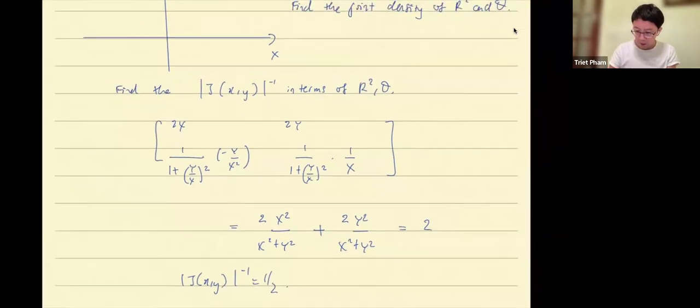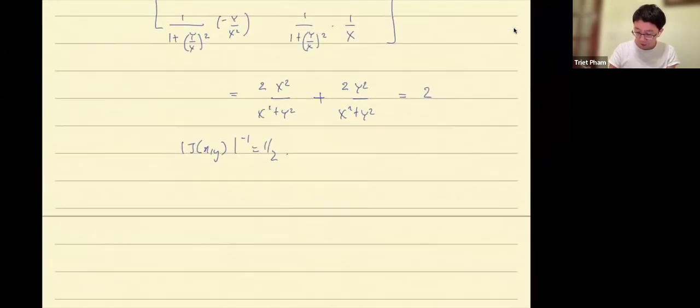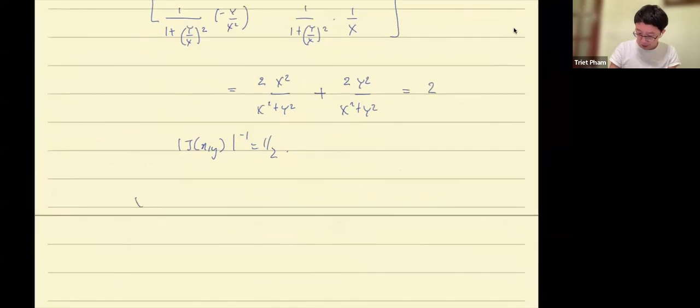But if you were to do the inverse map, let's see if that works. Then x is r cosine theta, and y is r sine theta. So you will get: partial x over partial r is cosine theta, partial x over partial theta is minus r sine theta, partial y over partial r is sine theta, and partial y over partial theta is r cosine theta.